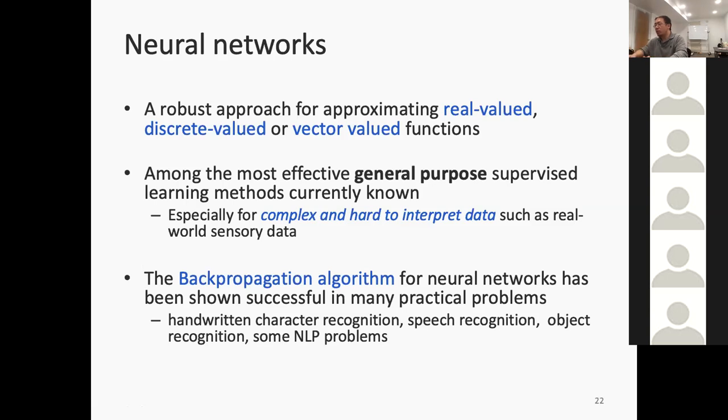It is shown to be very, very successful. Also, backpropagation is the key topic we want to discuss in neural networks. So everybody should be able to derive backpropagation, and should be able to implement the backpropagation algorithm from scratch. That's our requirement. Okay.